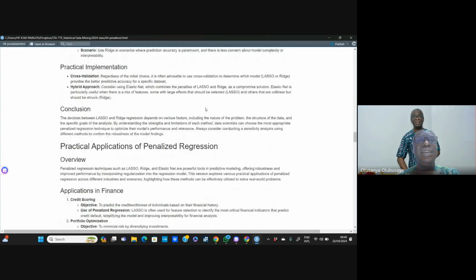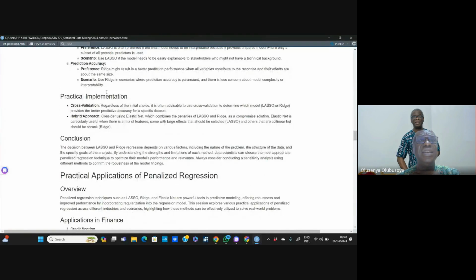So what are the ways to implement this? You can use cross-validation. I've said that many times. You can also use the hybrid approach. If you are not satisfied with LASSO, not satisfied with ridge, the elastic net is the midwife.